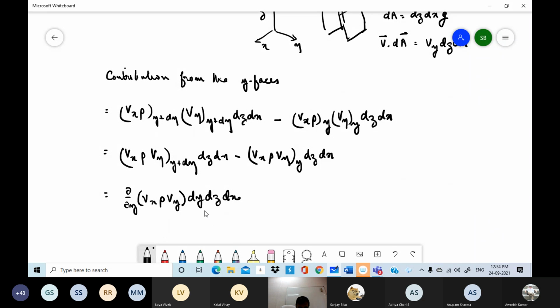Here it has come in a different order, but ultimately it's the same expression: dy, dz, dx.